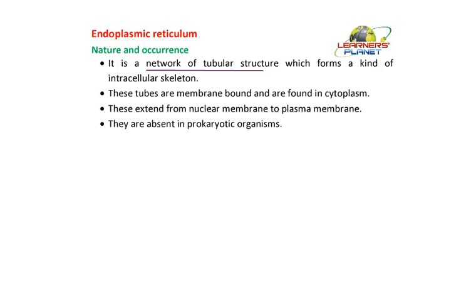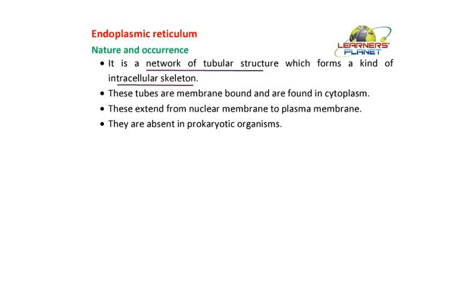You can imagine that so many tubes arranged in the cytoplasm and interconnected can form a sort of skeleton, an intracellular skeleton for the cell, and it helps in maintaining the shape of the cell also.